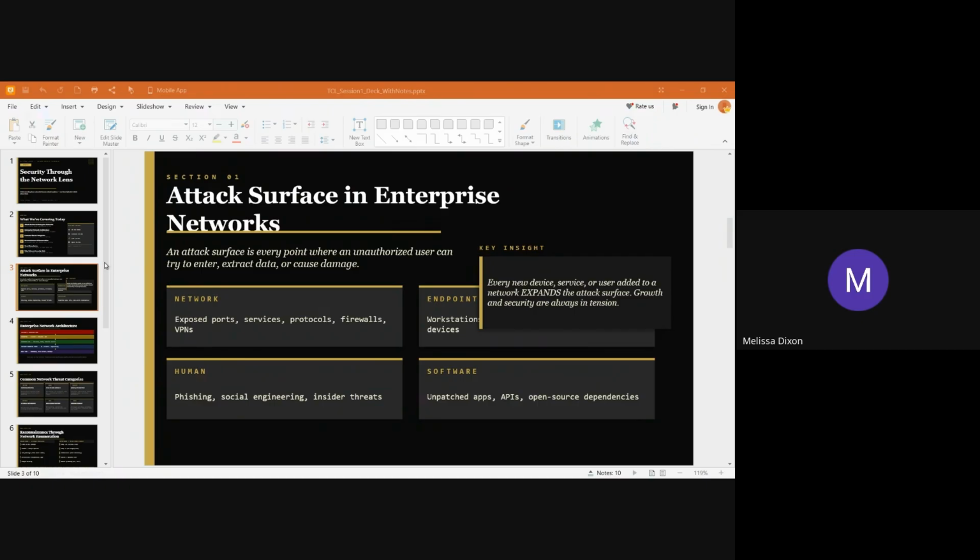So on the network, there are ports and services that are reachable from outside. Every open port is a conversation that the network is willing to have with strangers. On the endpoint side, printers are notoriously insecure. IoT devices almost always have default credentials, which people don't think to change, but it's very important.